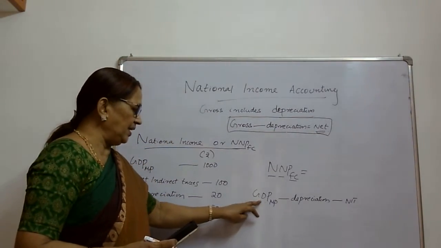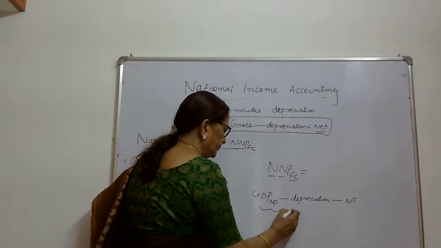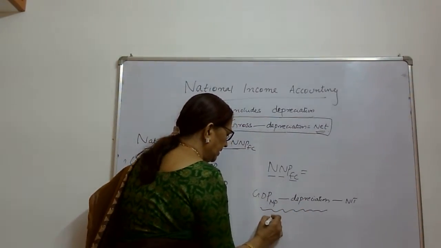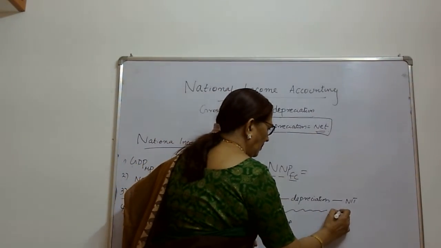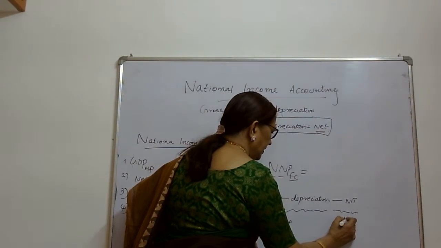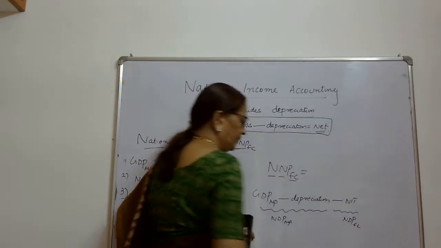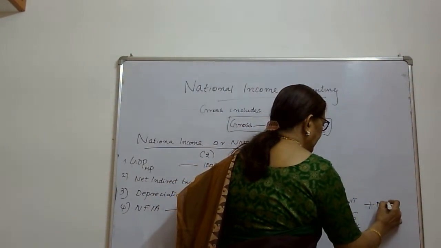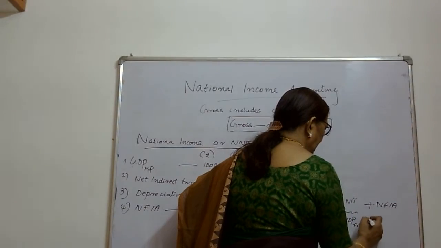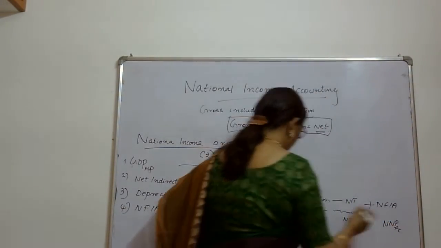So GDP at market price minus depreciation, this will become NDP at market price. Now minus net indirect tax, it will become NDP at factor cost, plus net factor income from abroad, it will become NNP at factor cost.